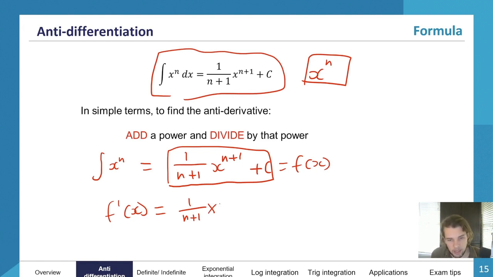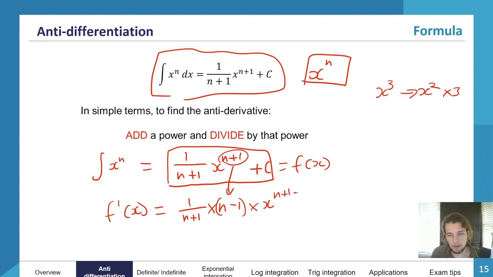So our answer will be in brackets n plus 1, because let's say it's x cubed. If we derive that, it would become x squared times 3. So we have times n plus 1. That value up here is now thrown out the front. And then times x^(n+1-1). So the power goes down when we derive.